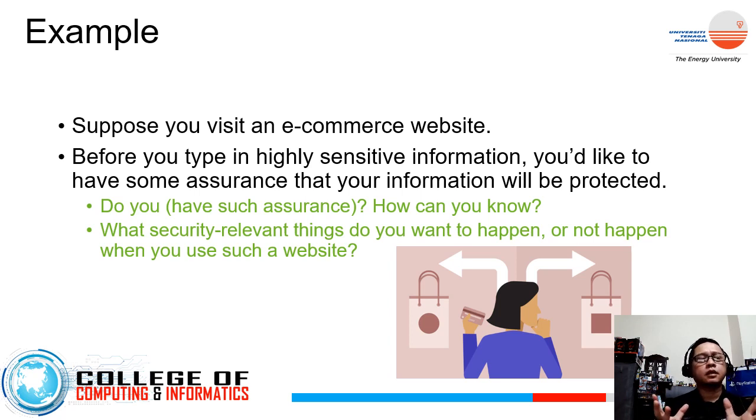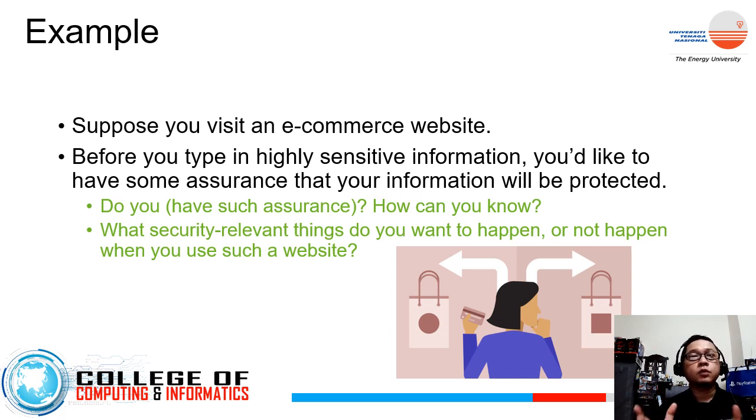So there are usually certain things that you expect from a website or a service. What are the security relevant things you want to happen or not happen when you use such a website? Usually you expect that your credentials will be verified.